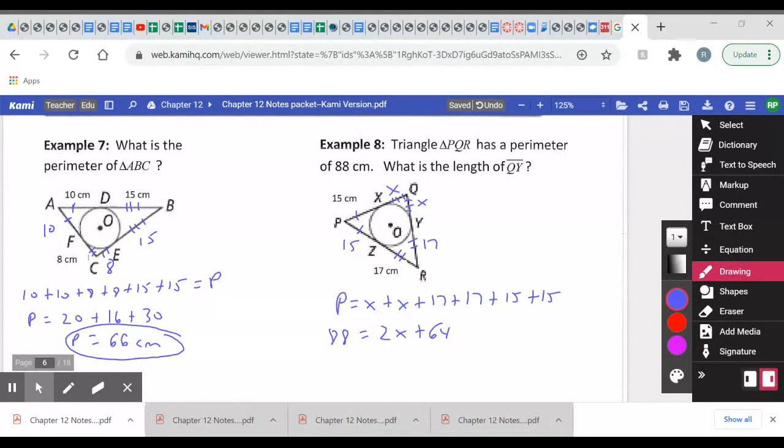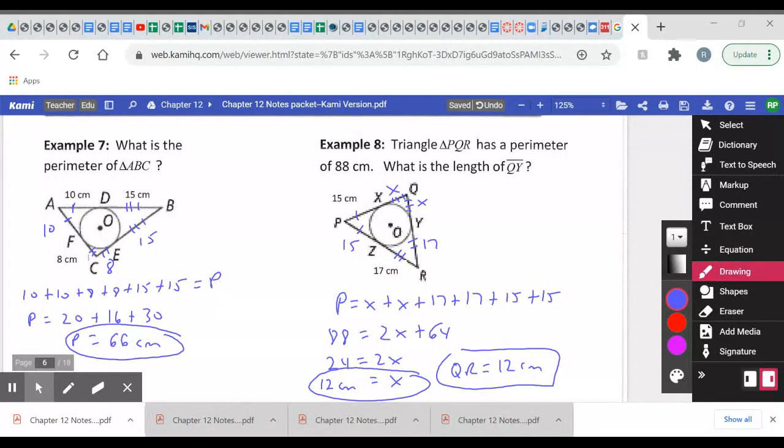If I subtract 64 from both sides, I get 24. If I divide by 2 on both sides, I end up with 12. Okay, and that's what it's asking for there. I guess I could actually come back and say QY is equal to 12, since that's specifically what the question is asking.